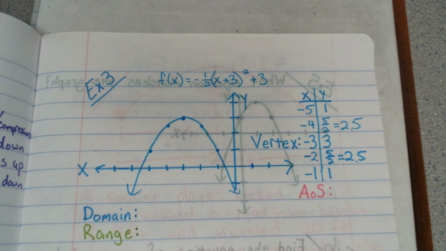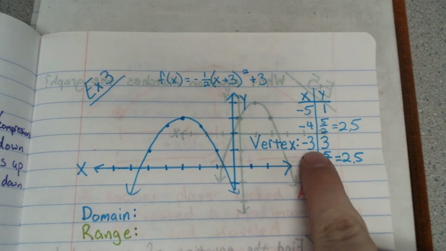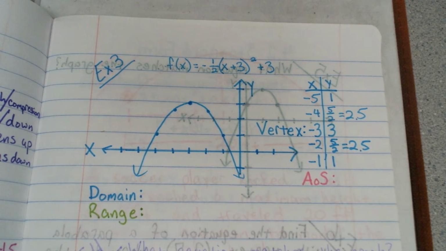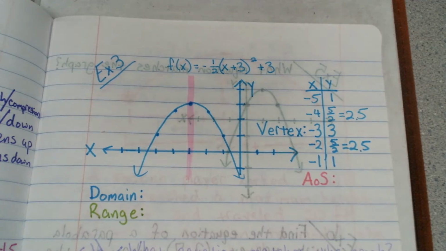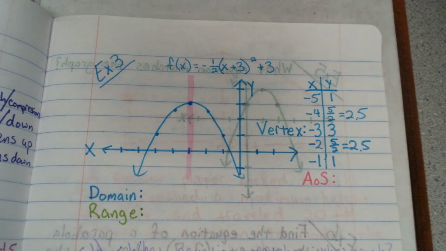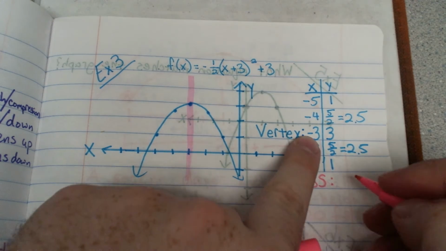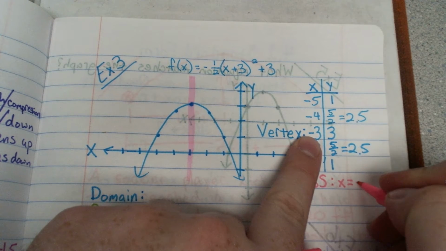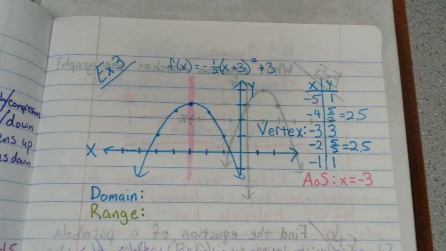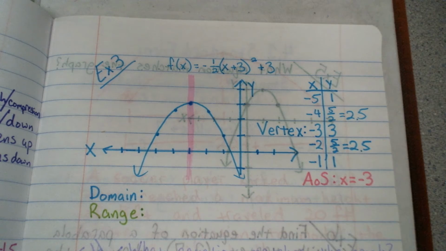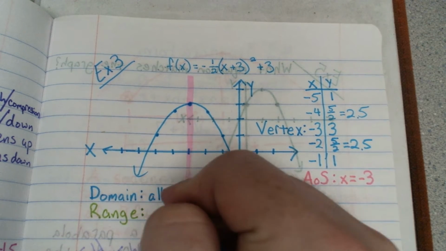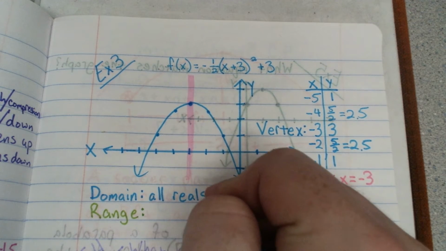Now to go along with what we've done before, we've already said that the vertex occurs at the point (-3, 3). The axis of symmetry would be the vertical line right down the middle. So in this case, that is x = -3. The domain, as with most of these, is going to be all real numbers, because I can put any real number in for x to get something out of it.